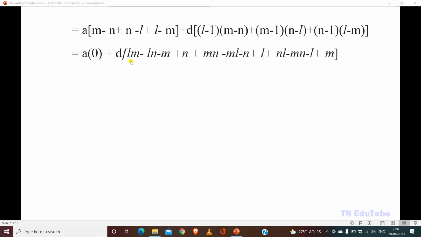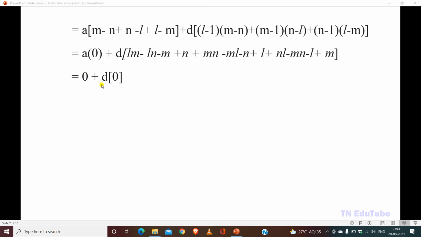Now here lm is there, here also ml is there, minus. So this gets cancelled. Then minus ln, here plus ln gets cancelled. Then minus m plus m cancel. Plus n minus n cancel. Plus l minus l cancel.